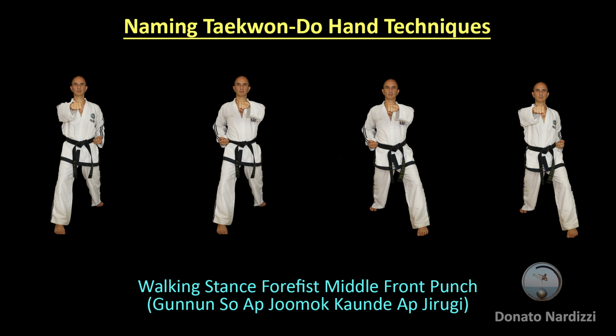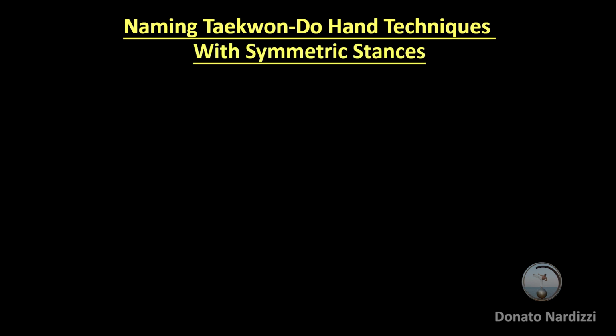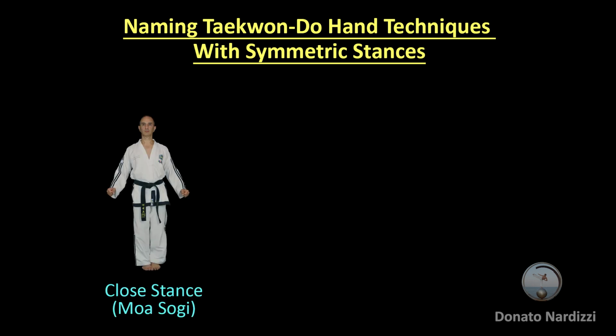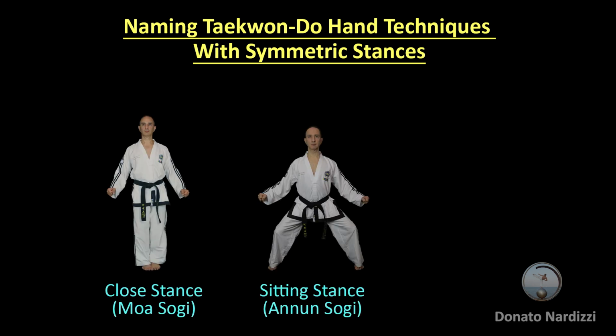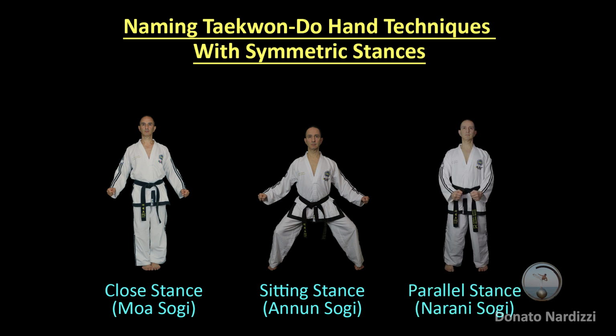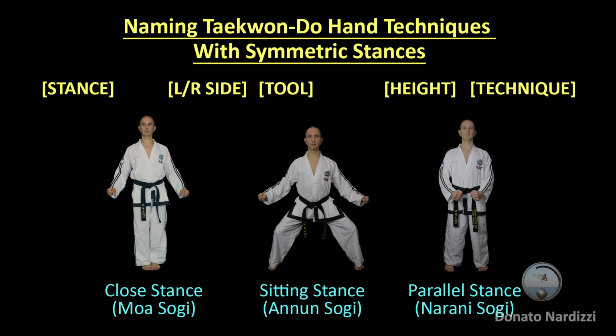So we need to specify this in our description. If the stance is symmetrical, as with close stance, moa sogi, sitting stance, anun sogi, or parallel stance, narani sogi, then it makes things much easier because there's no left or right version. So we only need to determine whether the tool is a left or right tool.